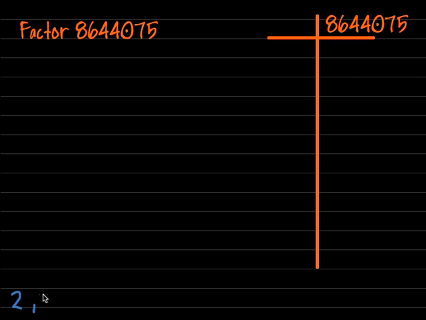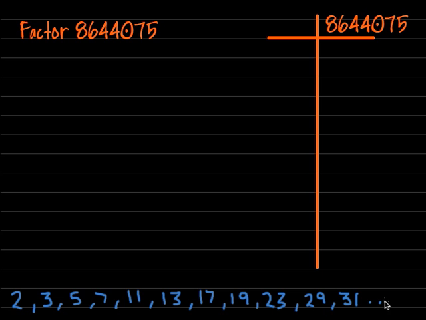So my prime numbers are 2, 3, 5, 7, not 9 because it's divisible by 3, 11, 13, not 15, but 17, and 19, not 21, but 23, not 25 or 27, but 29, 31, and we'll see where that gets us right now.